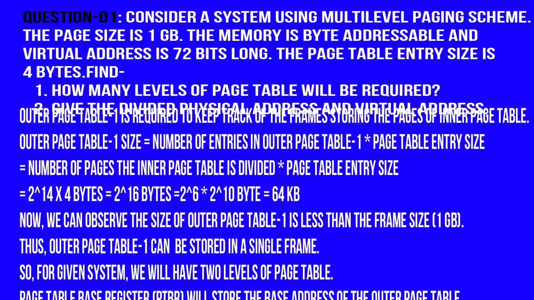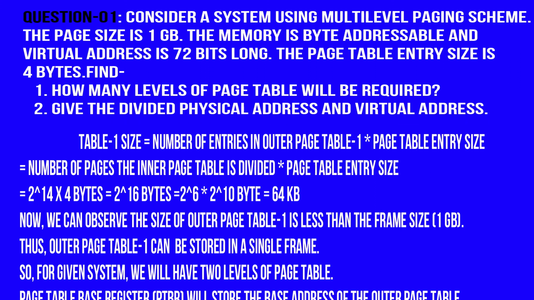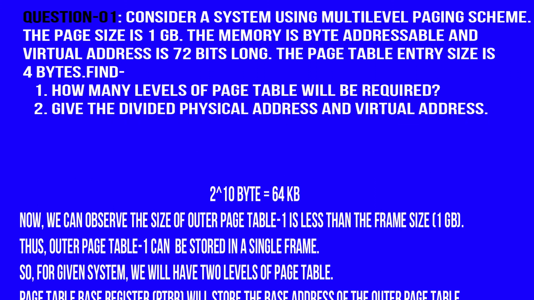Now here 64 kilobyte is less than the frame size 1 GB. Thus, outer page table can be stored in a single frame. So, for the given system, we will have two levels of page table. Page table base register PTBR will store the base address of the outer page table.